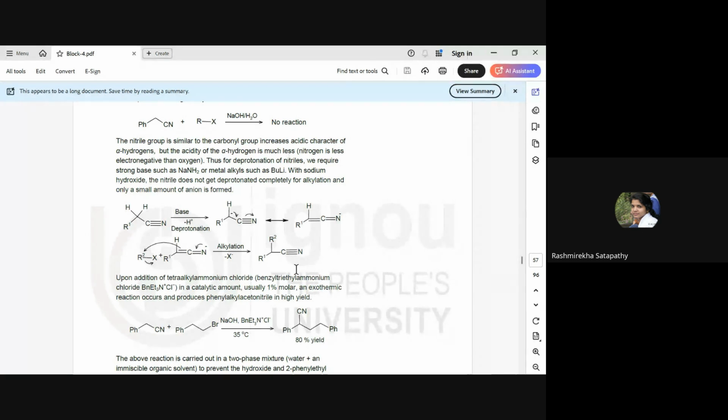Nitrogen is less electronegative than oxygen. Thus, deprotonation of a nitrile requires a strong base such as sodamide or a metal alkyl like butyl lithium. With sodium hydroxide, the nitrile does not get deprotonated completely for alkylation, and only a small amount of anion is formed.